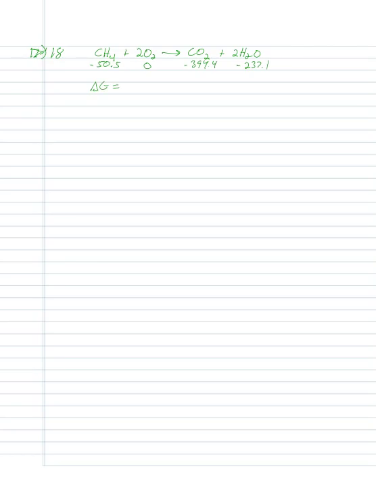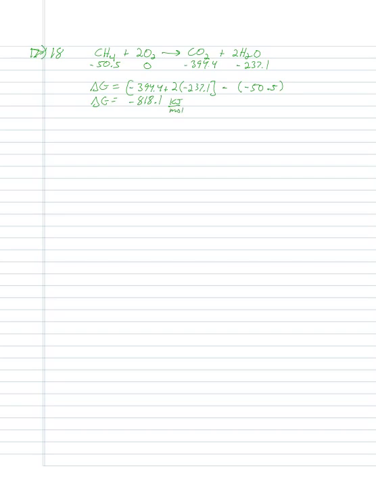So we have negative 394.4 plus 2 times negative 237.1 minus negative 50.5. And when you crank all of that out, you get a negative 818.1. And that's going to have units of kilojoules per mole.